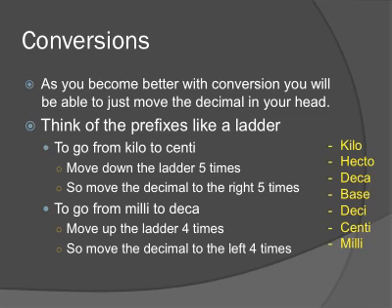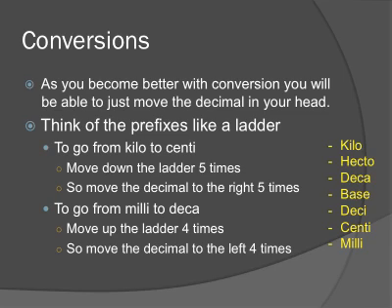So basically, you think of the prefixes like a ladder, and I'm actually going to rewrite them just a little bit for you. So instead of writing them straight up and down, write them at a diagonal. And you think of it as a ladder.